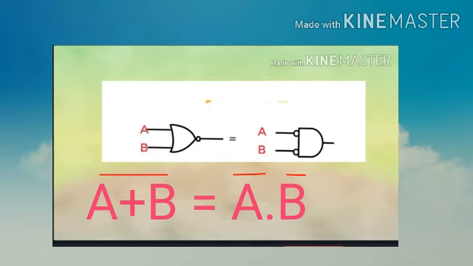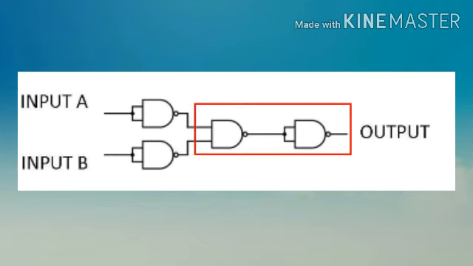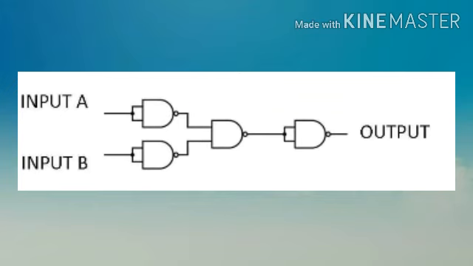So first we have to use bubble, means NOT gate. So we have to use two NOT gates, and then again to that we have to use the diagram of AND gate using NAND gate. In this way, we get NOR gate using NAND gate.